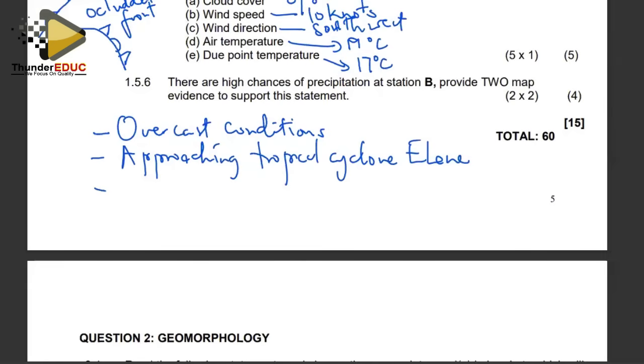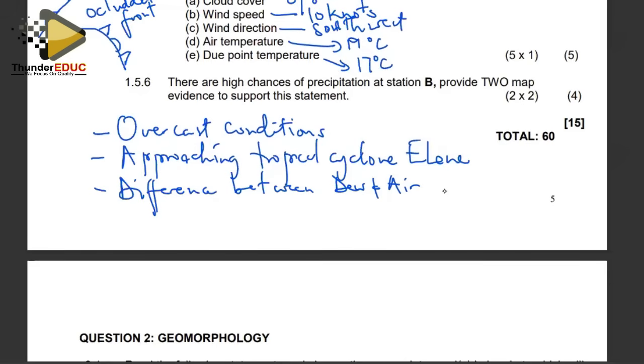And also besides that, we can look at the range of temperature between the dew point and air temperature. If the difference between dew point and air temperature is small, it means there are high chances of rainfall.